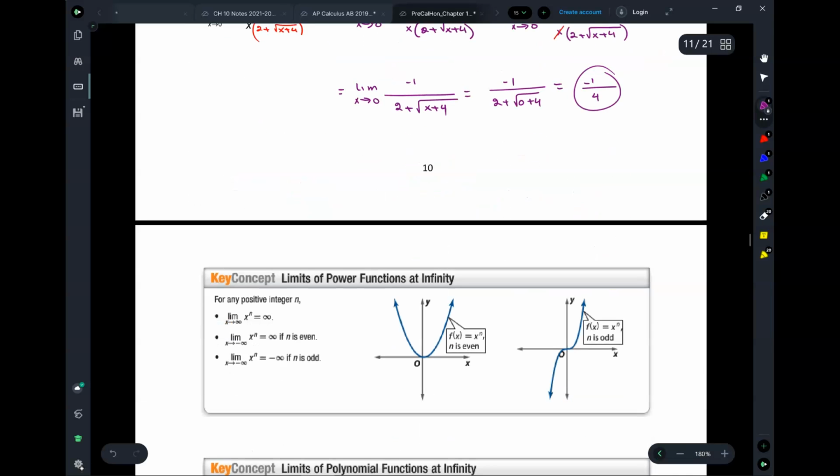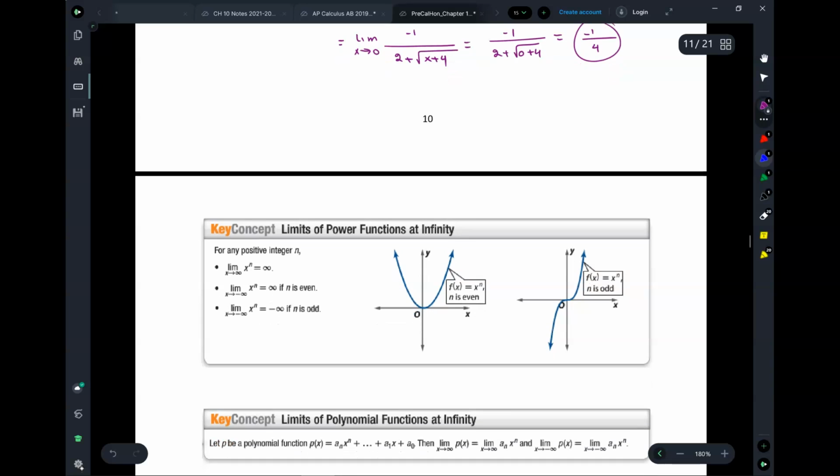Now, if you end up with a situation like this, or let's say this is like 4 over x, the limit as x approaches 0 of 4 over x, as the denominator goes to 0, this whole thing will be infinity. Okay? So we'll talk more about that in a little bit. Okay, next.